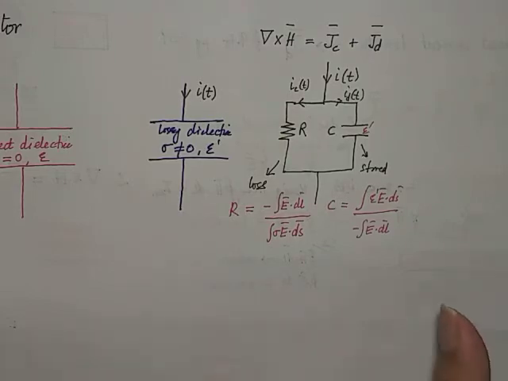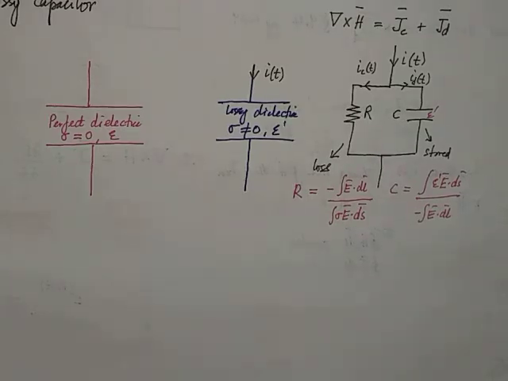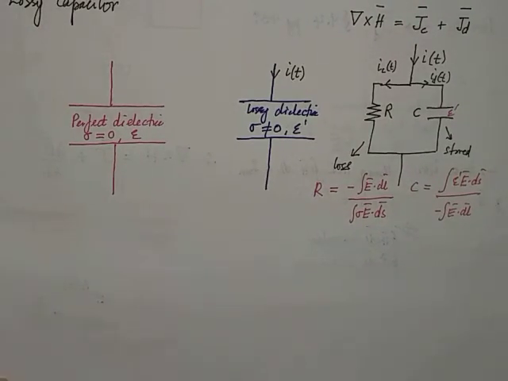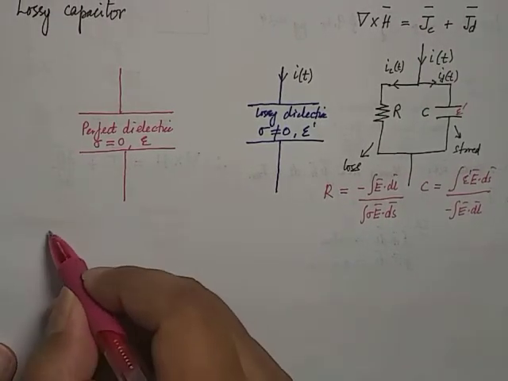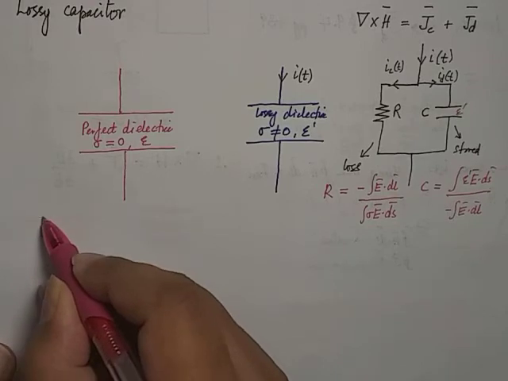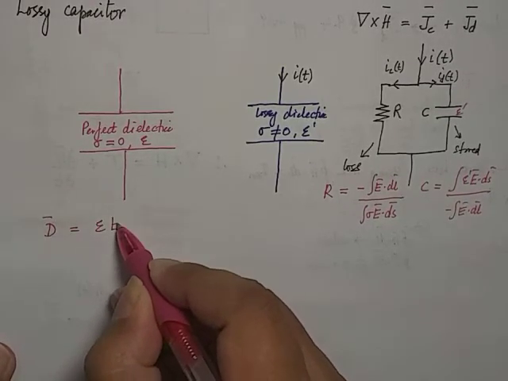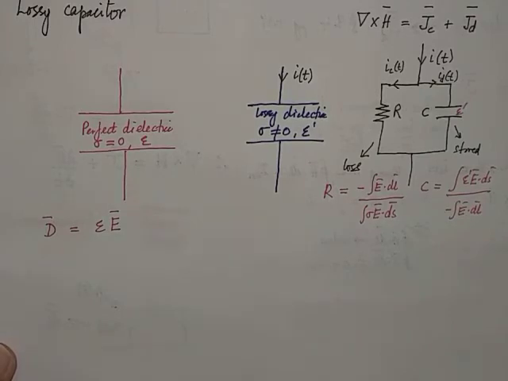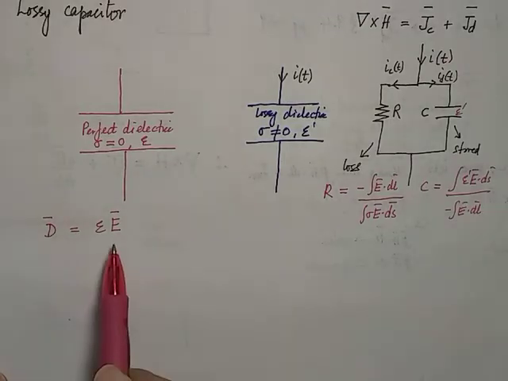The second thing that we're going to discuss here: remember, we always talk about dielectric material a lot in the world of electrostatics. In the perfect dielectric, we always said that D equals epsilon E, remember? That is the model we used to talk about electric flux density and electric field intensity.